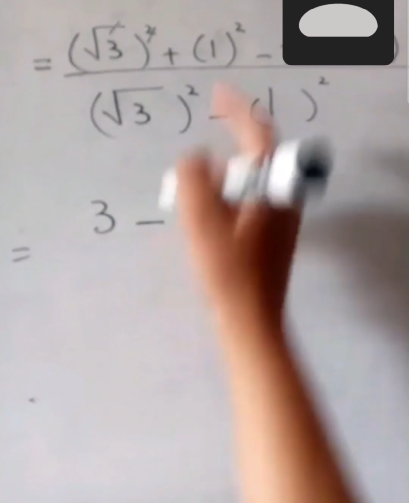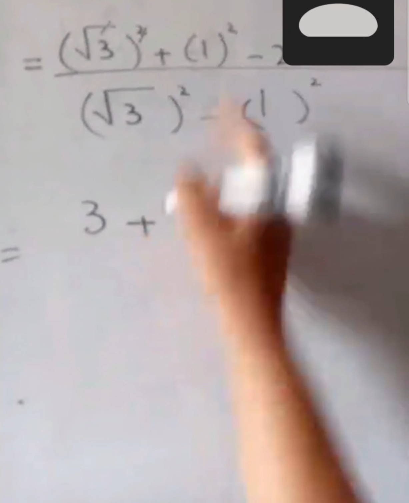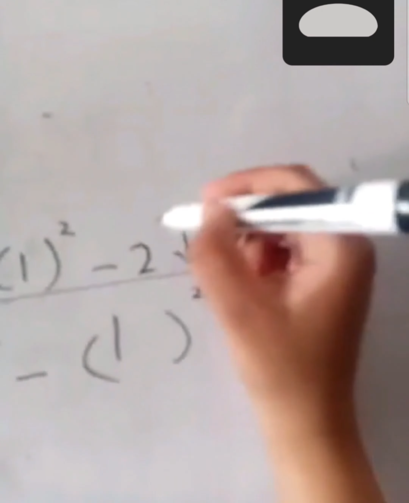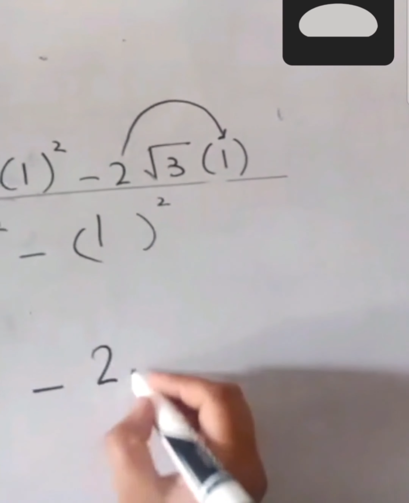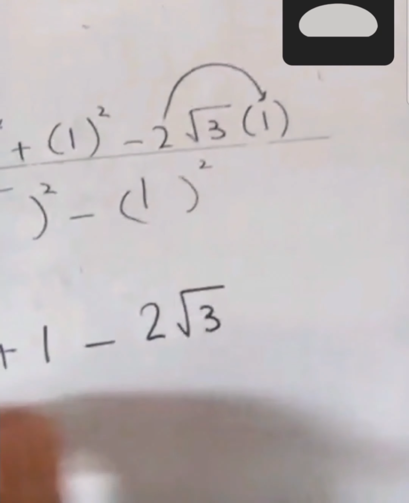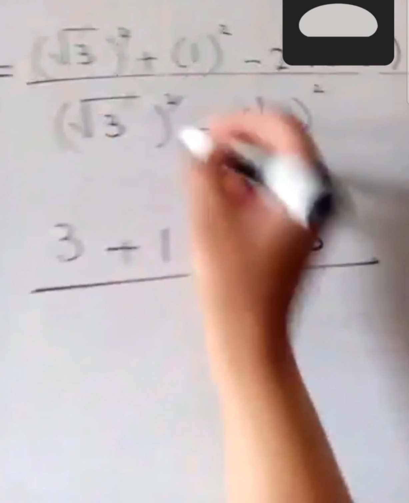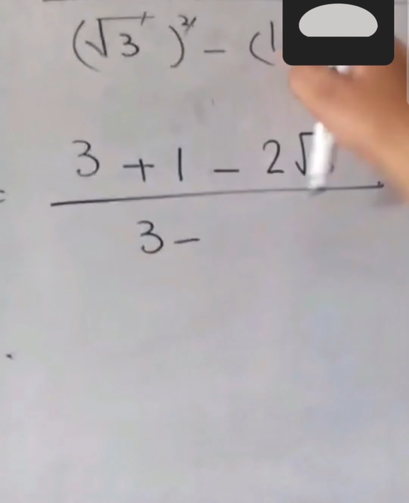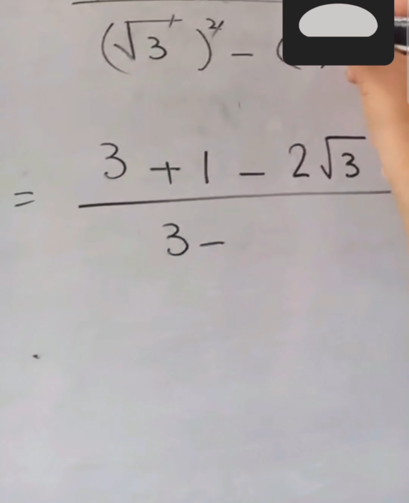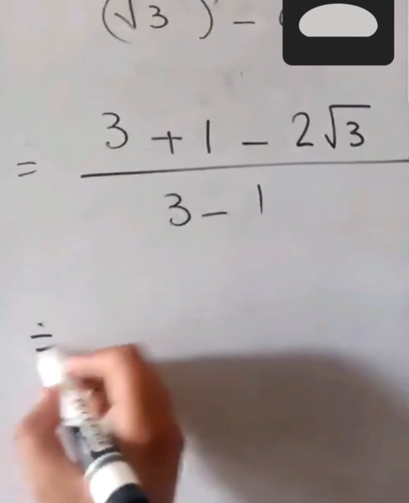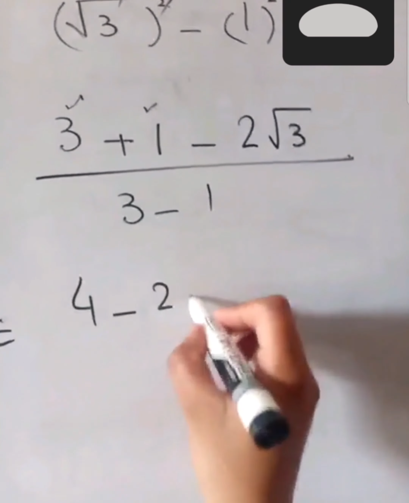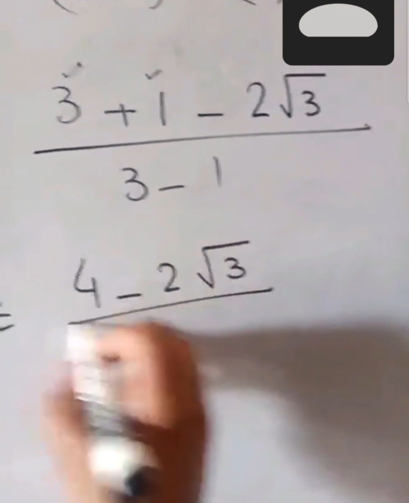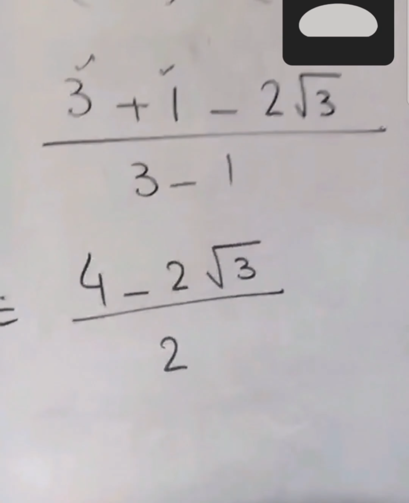It is 3 plus 1 squared, which is 1, minus 2 times square root 3, divided by 3 minus 1. Now add the 3 and 1: 3 and 1 is 4, minus 2 times square root 3, over 3 minus 1 which is 2.